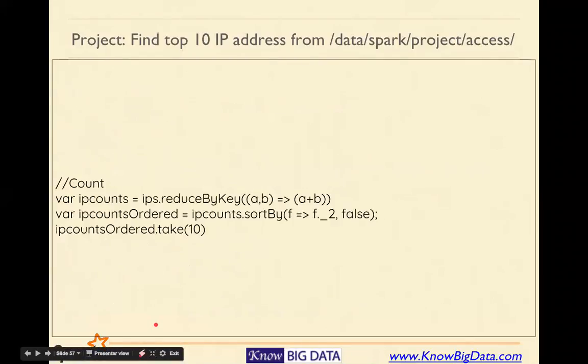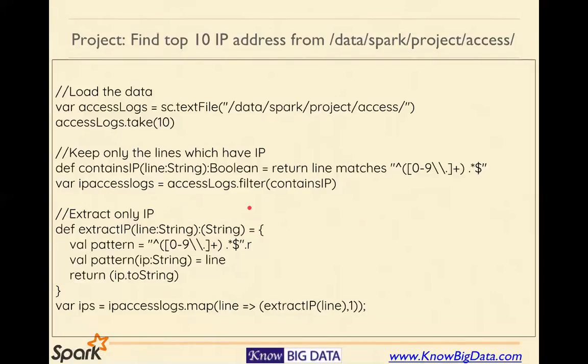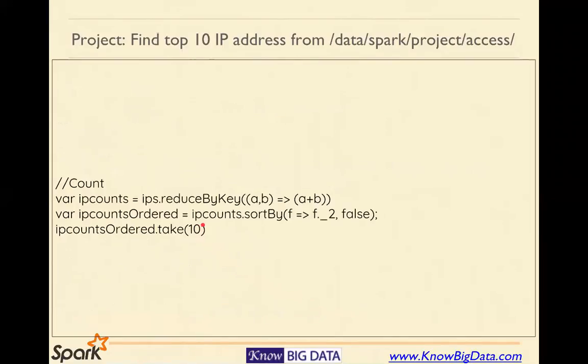Once that's done, we just say reduce by key, and also note that it'll be IP address, comma 1. So those tuples can be grouped by reduce by key, and that's it.